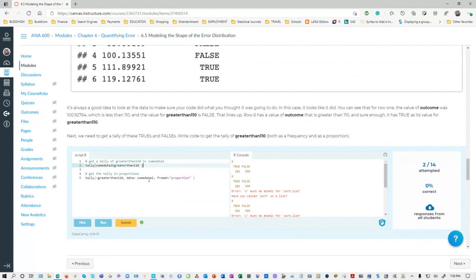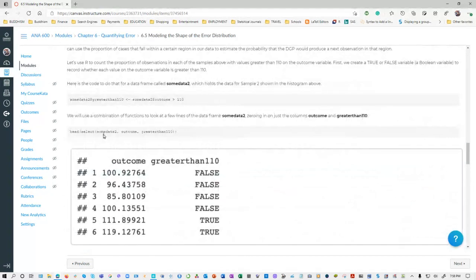Greater than 110, that's the variable. Greater than 110, some data 2. And value of outcome. Data 2.